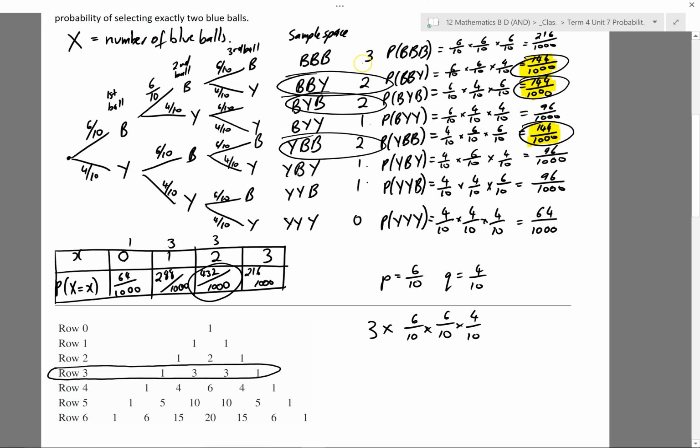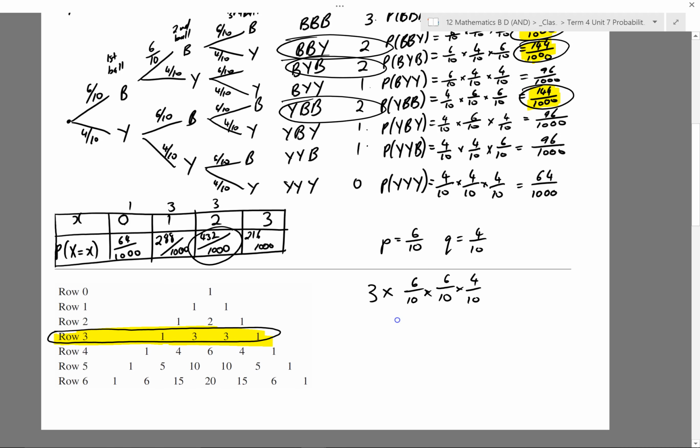And 3 blue balls occurred just once. So if we look at how many different combinations of getting 0, 1, 2, or 3 balls, we can see that it lines up exactly with the third row of Pascal's triangle.